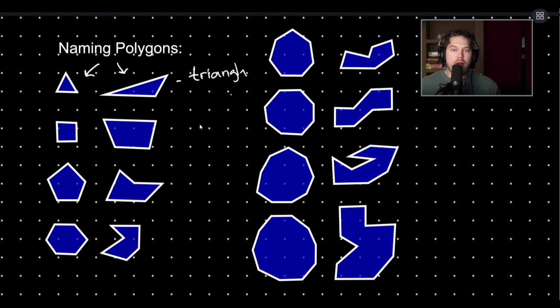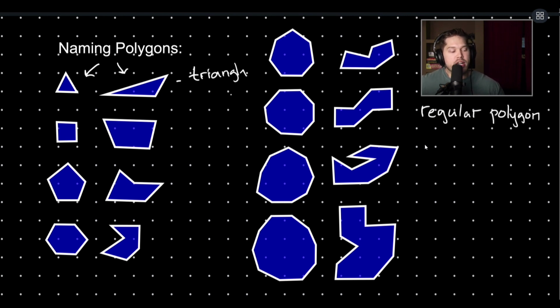I also want to point out that I drew two shapes for each of the names we're going to talk about here. The shape on the left is what we call a regular polygon. And what is a regular polygon?